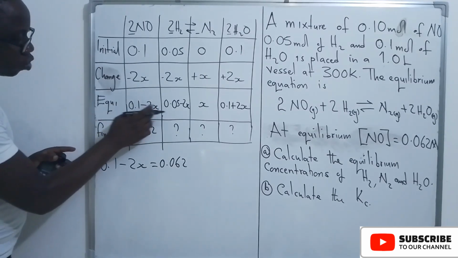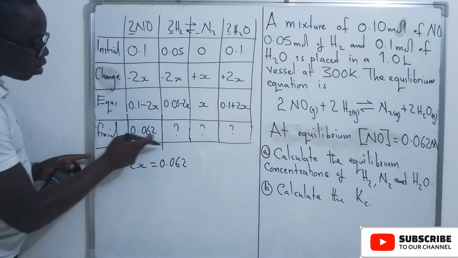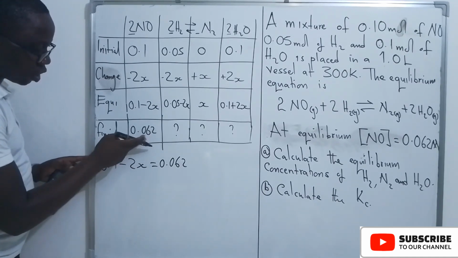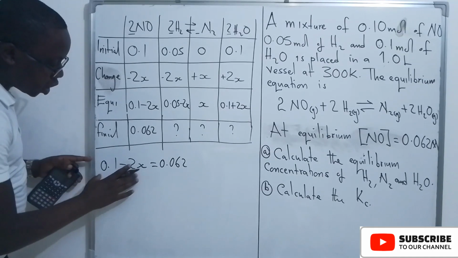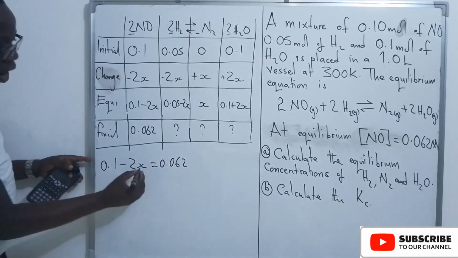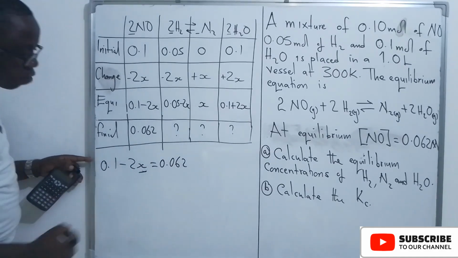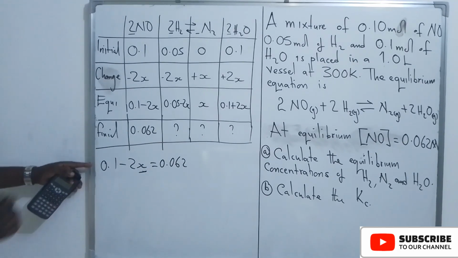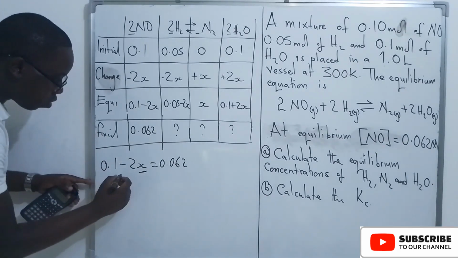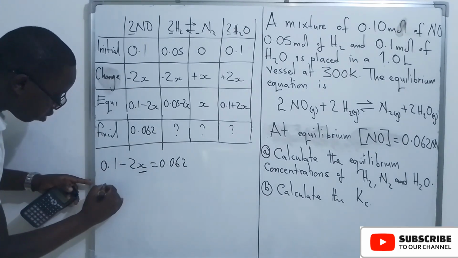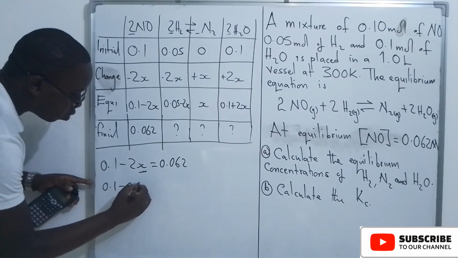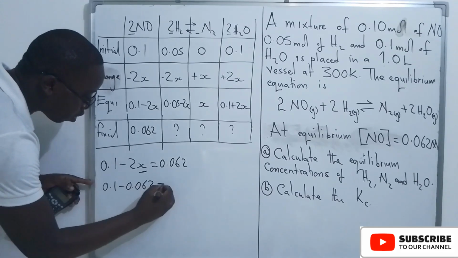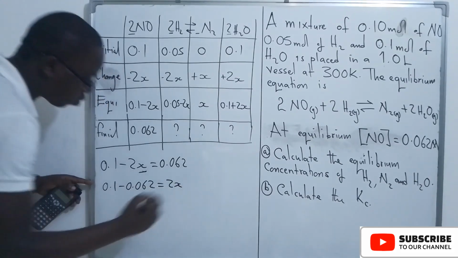This expression which we have here should give us the final concentration. So we have equated the expression with the final concentration. At this point, we can manage to find the value of x. So how do we manage to find the value of x? We are simply saying it will be 0.1 minus 0.062 is equal to 2x.